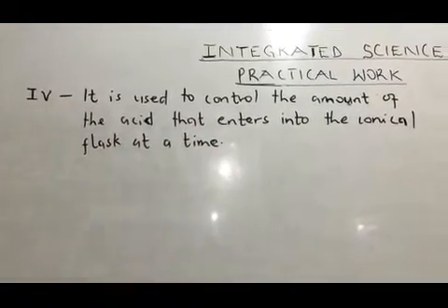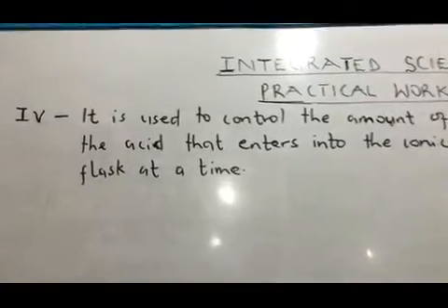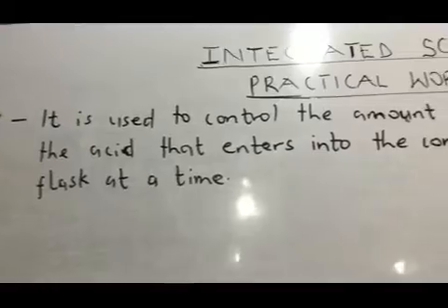So that's the function of the tap. It controls the amount of acid that moves from the burette into the conical flask.